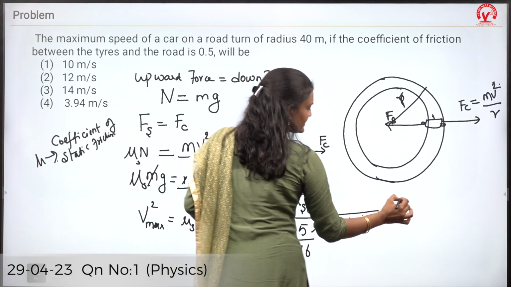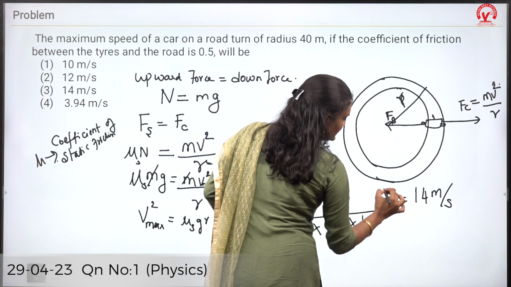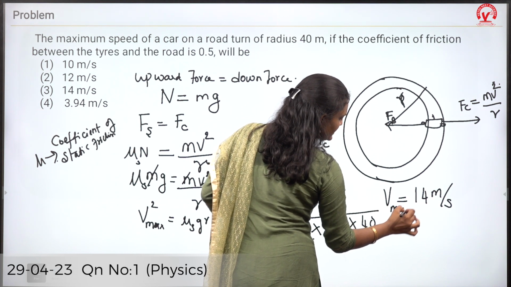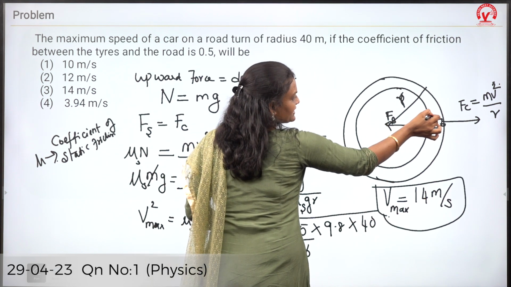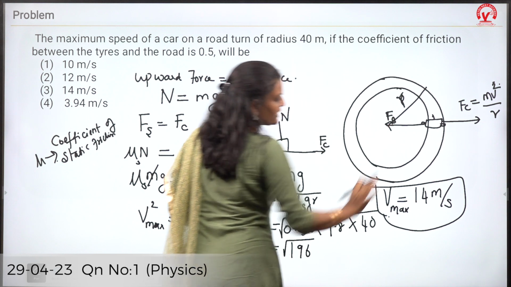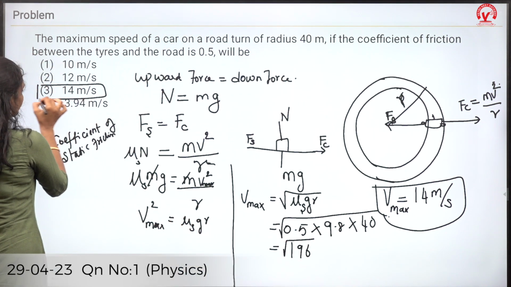Taking the square root, you get the answer as 14 meters per second. This is the maximum speed of the car when it turns in a circular path. So option 3 is the correct one.